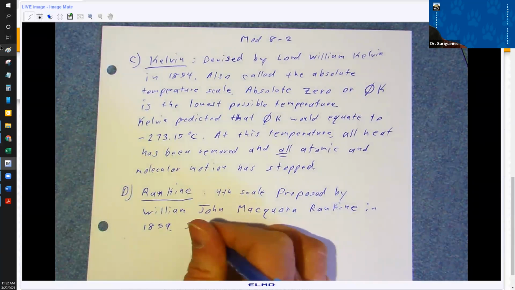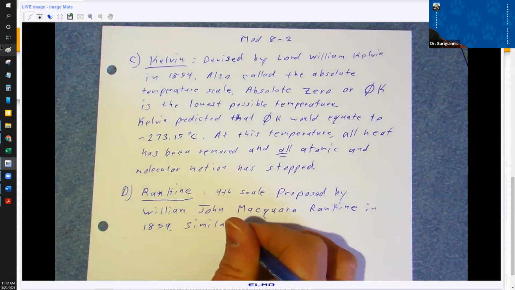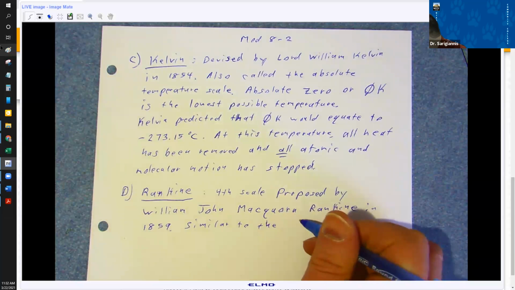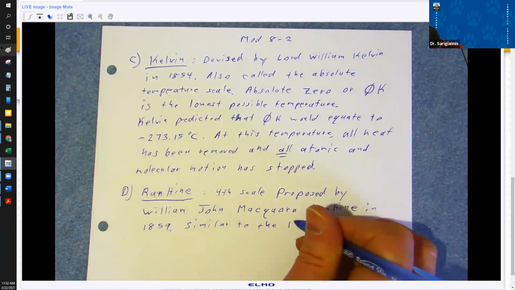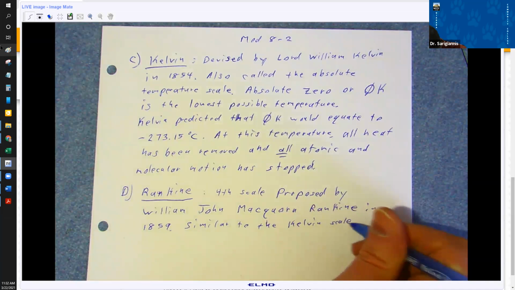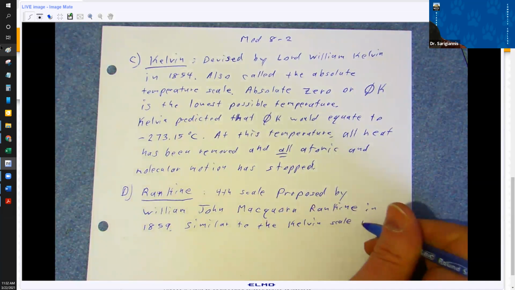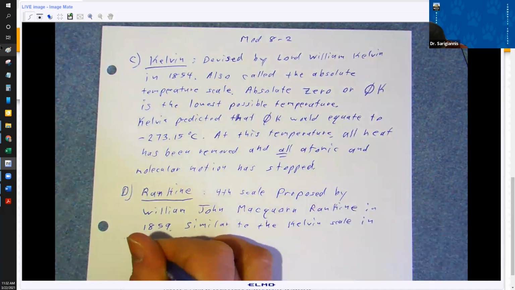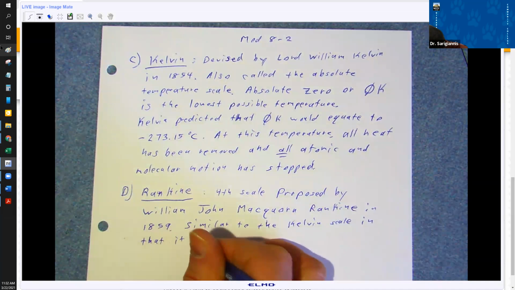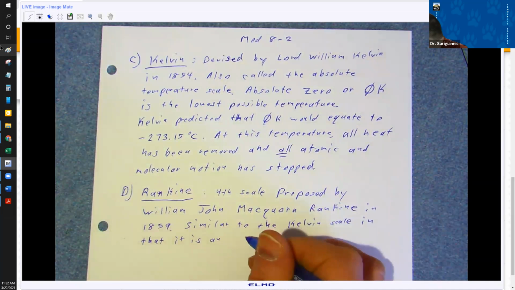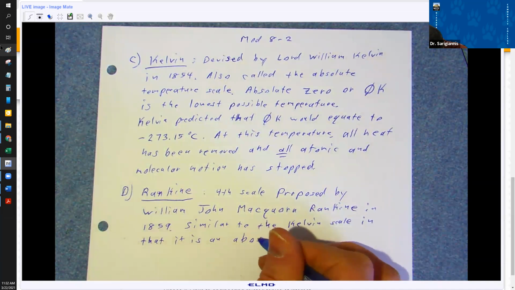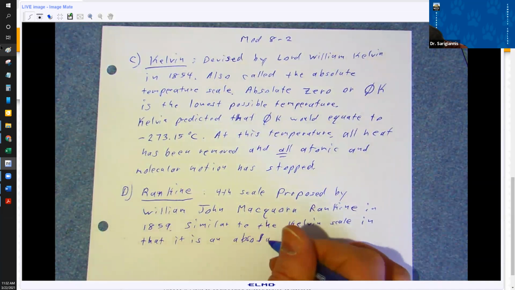So this is similar to the Kelvin scale in that it is an absolute temperature scale.